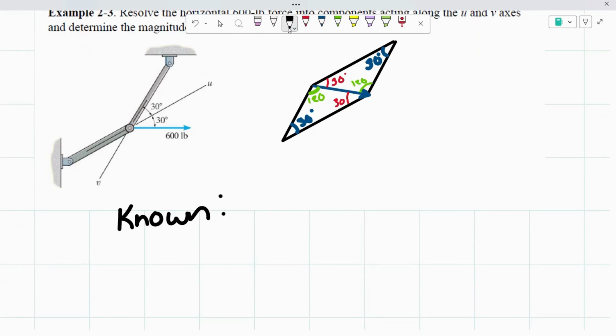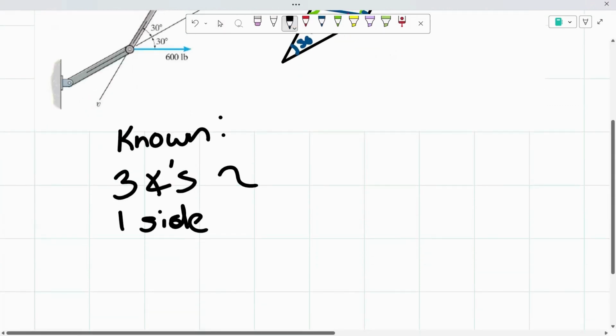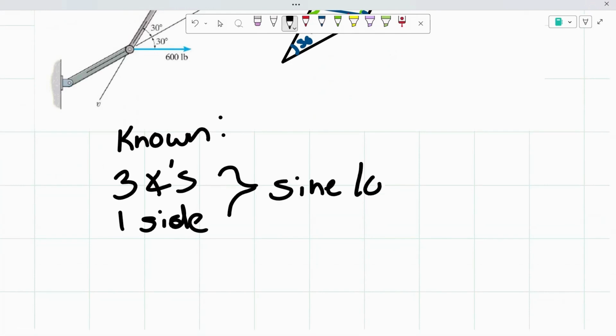Well, we already know the value of the three angles, and we know one of the sides, which is 600 pounds. So we know three angles and one side. And by that, we could use the sine law to find the other two sides that are missing.